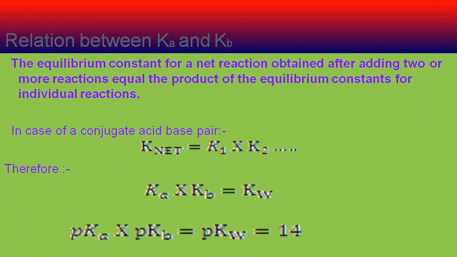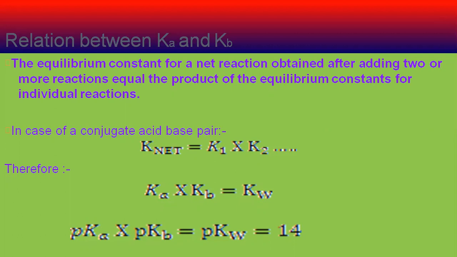Now we talk about the relationship between Ka and Kb. The equilibrium constant of a net reaction obtained after adding two or more reactions equals the product of the equilibrium constants for the individual reactions. So if we talk about the case of a conjugate acid-base pair, what happened? At that time we find out the net one.